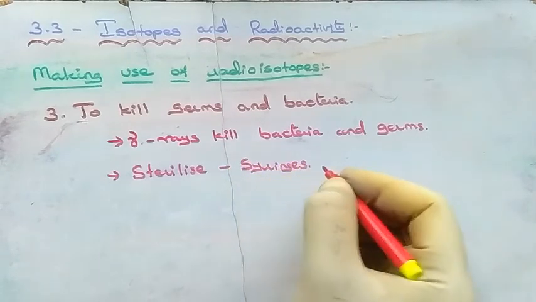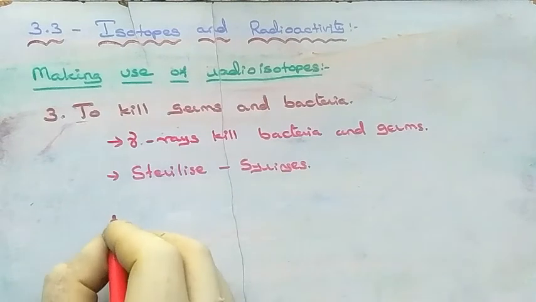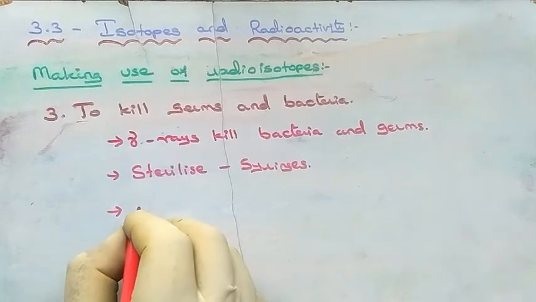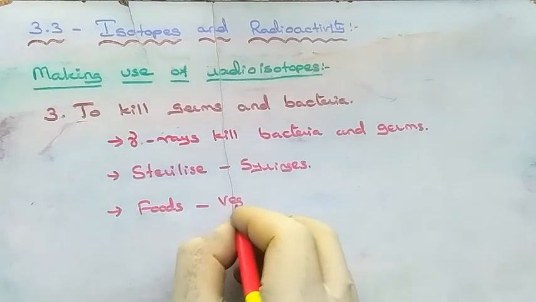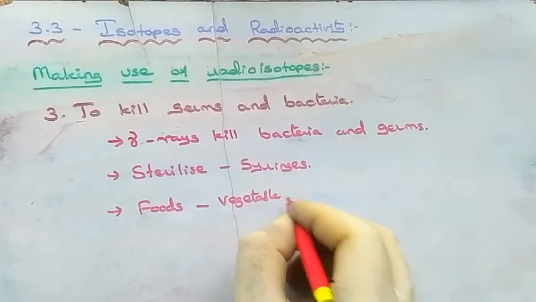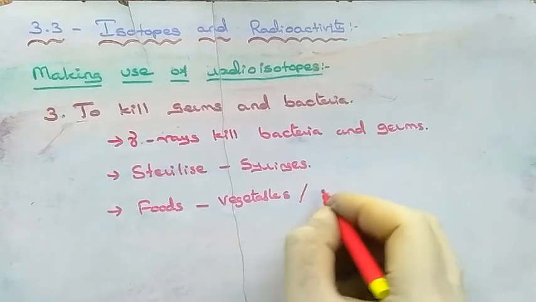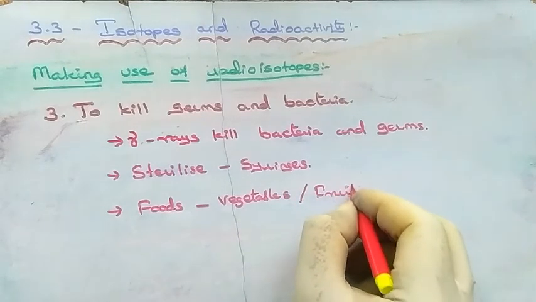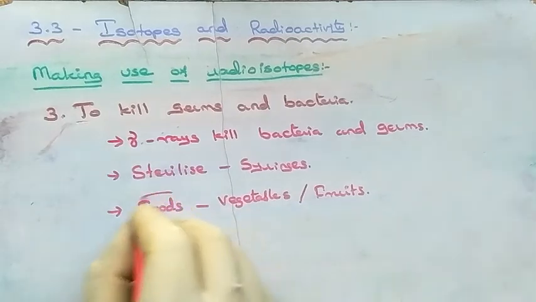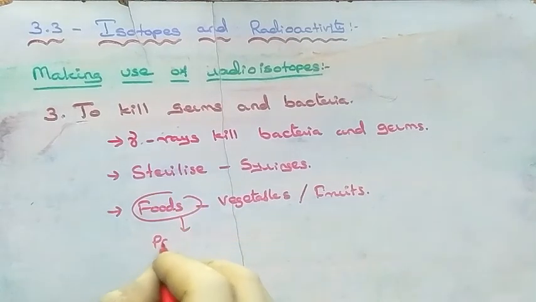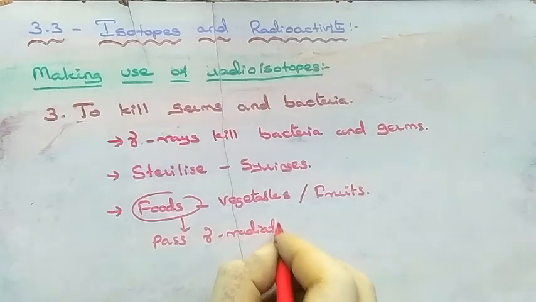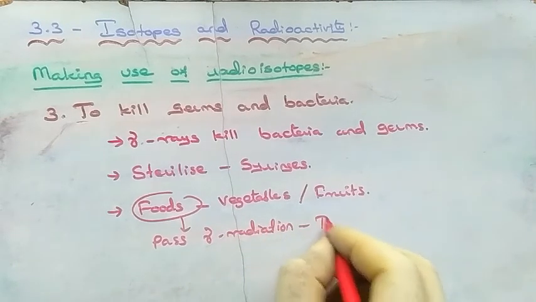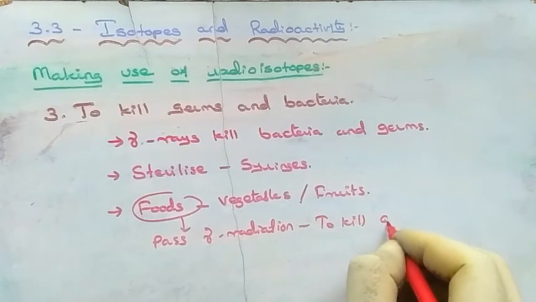And also in some countries they are using gamma rays to kill germs and bacteria from foods, such as vegetables and fruits. Initially, gamma rays will be passing through food items. After the passing, bacteria and germs will be killed.